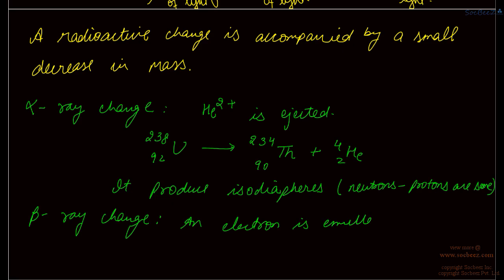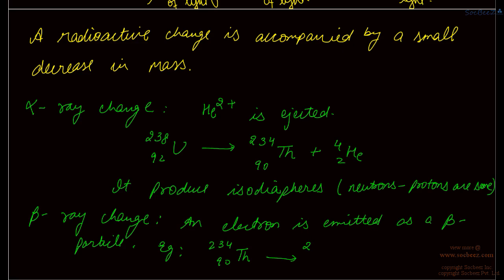The example is, suppose thorium 234 undergoes beta decay. It will produce 234 of atomic mass.